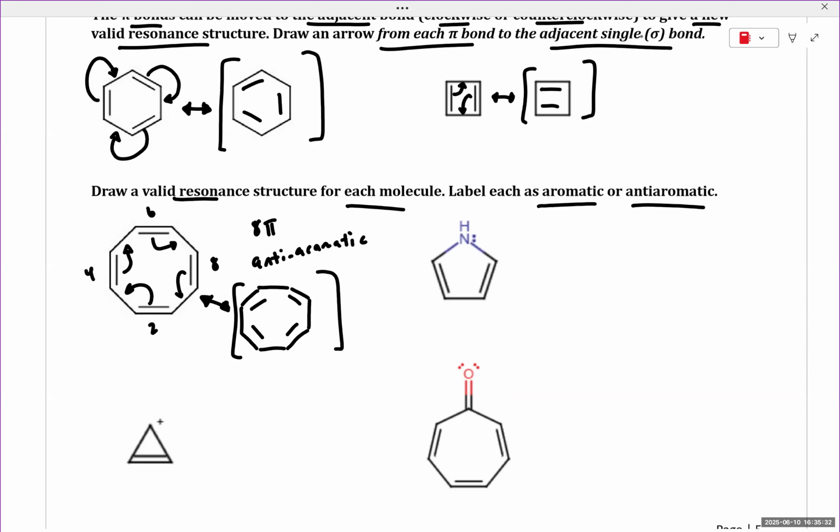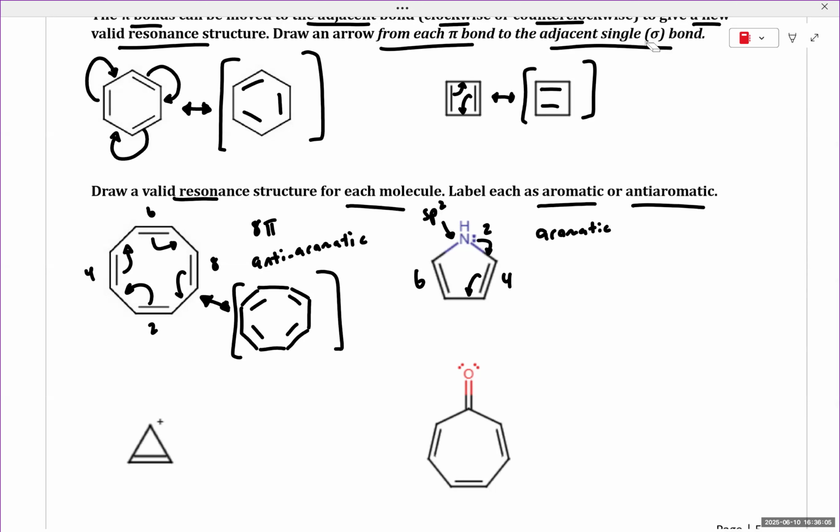Okay, let's look at this next case. In this case, this is pyrrole. In this case, we have 2, 4, 6 pi electrons. Remember, this nitrogen is sp2. So in this case, this is an aromatic compound. And we can draw a resonance structure by pushing a lone pair down. That in turn displaces our pi bond, which in turn generates a lone pair.